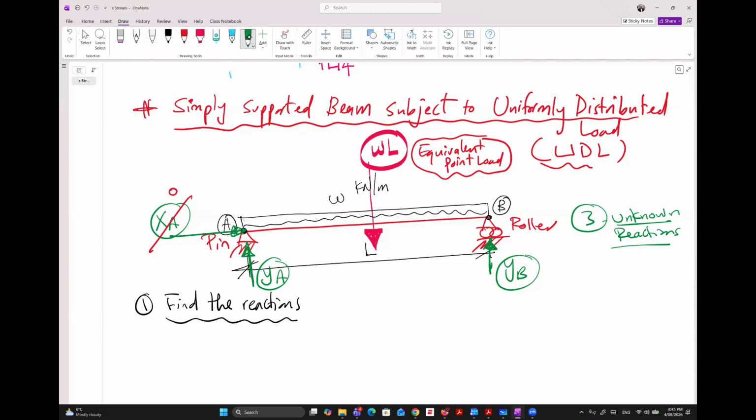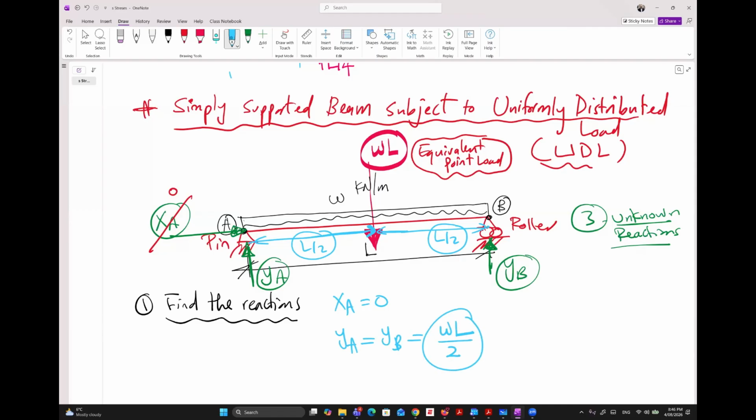Where should this equivalent load be located? I'd expect in the middle. So actually, this should be in the middle, L over 2, and the other side also L over 2. So now, can you find the reactions? XA equals 0, YA equals YB, similar concept to before, WL over 2.